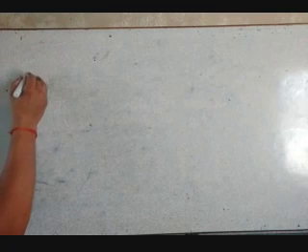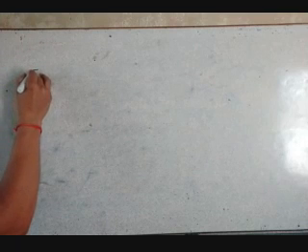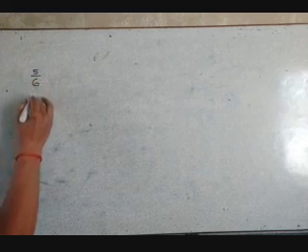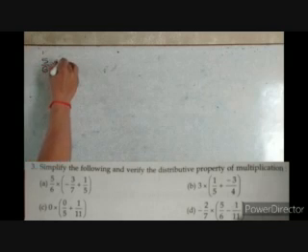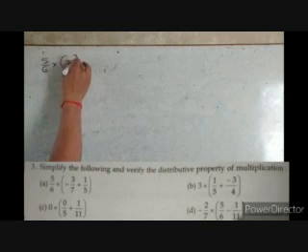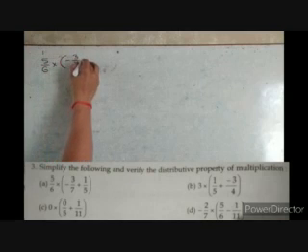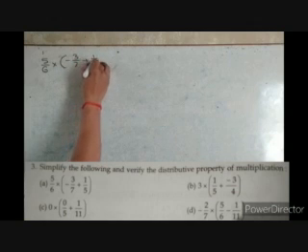If we take A, what is given in A? 5 by 6 into minus 3 by 7 plus 1 by 5.